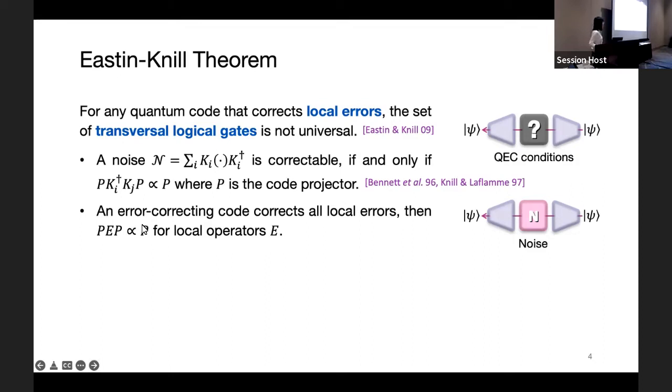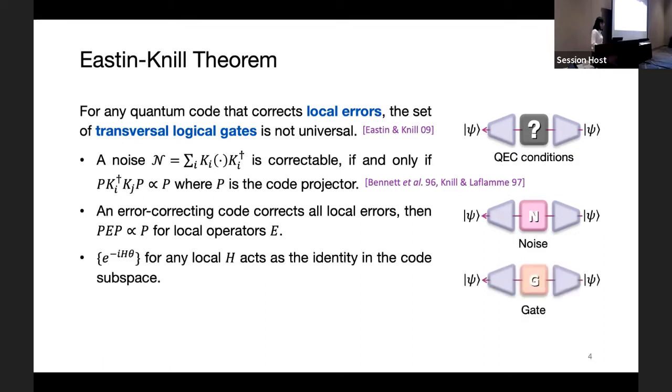And now we can take a look at gate operation on the other hand. Here we consider a set of gates which is generated by this H operator here, and we assume H is local, and theta is an arbitrary real number. So this family of gates can only act trivially in the code subspace because any local operator acts trivially in the code.